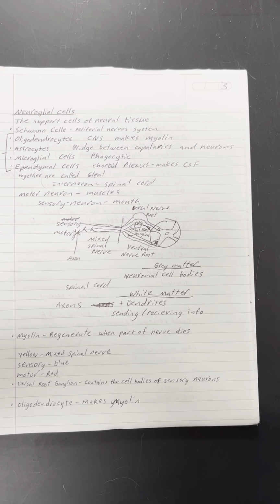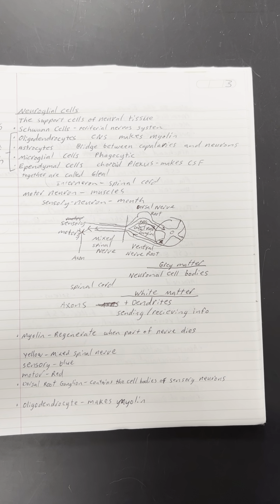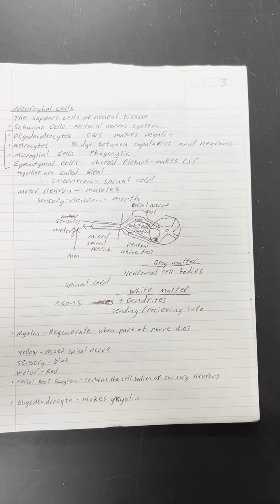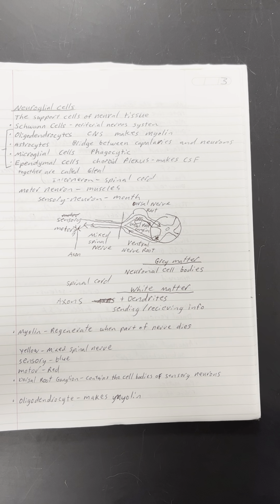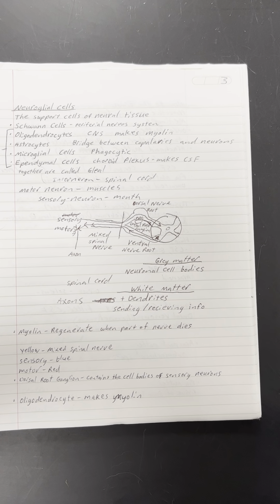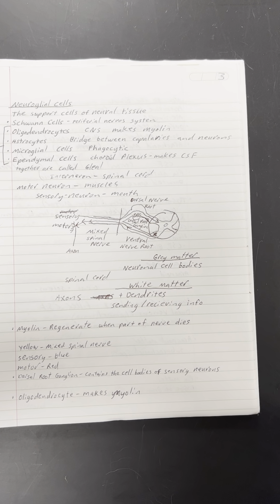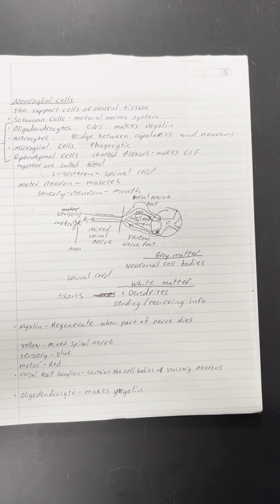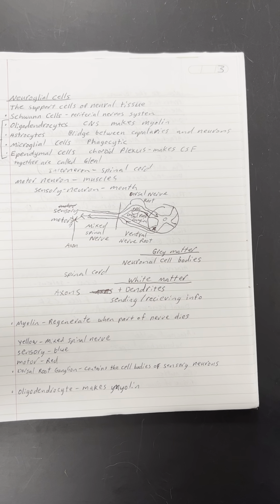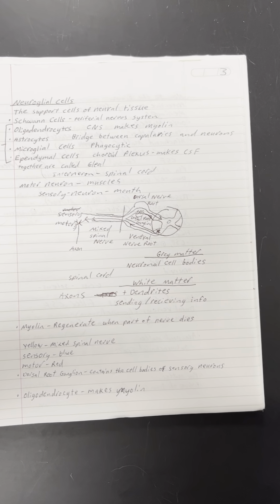Schwann cells are PNS, peripheral nervous system. Oligodendrocytes, astrocytes, microglial cells, and ependymal cells are CNS. Oligodendrocytes in the CNS make myelin.